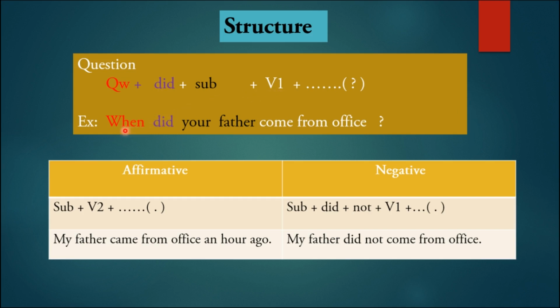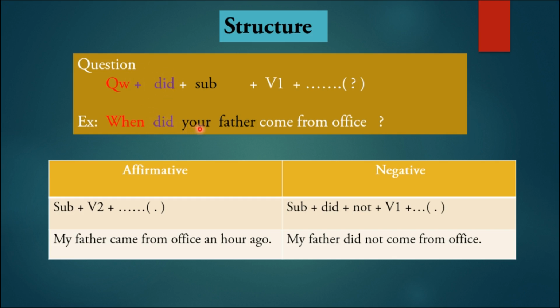Let me give one example. When did your father come from office? If you want to ask your friend's father whether he came or not, you can use simple past tense. Let us check this example with the help of the structure. At the beginning, question word, it is followed by did.